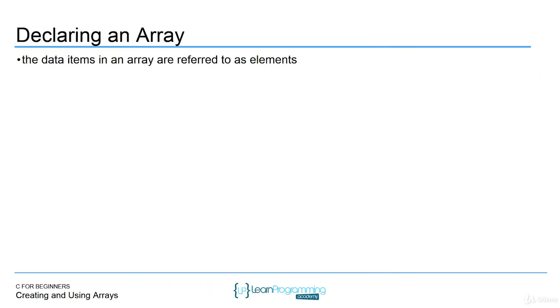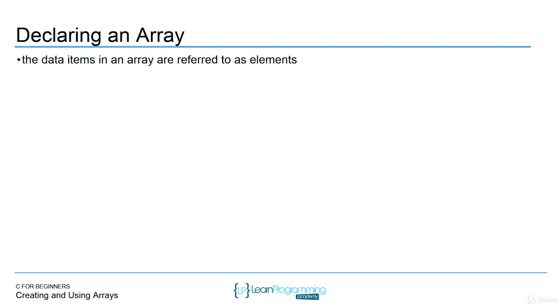How do you declare an array? Remember that when you declare a variable, you're saying that this variable exists in the program, and when you're declaring these primitive data types, you're allocating memory for it. When you declare an array, the data items in an array are referred to as elements. So this is another concept when you think of an array.